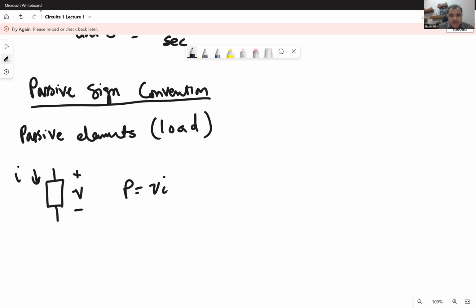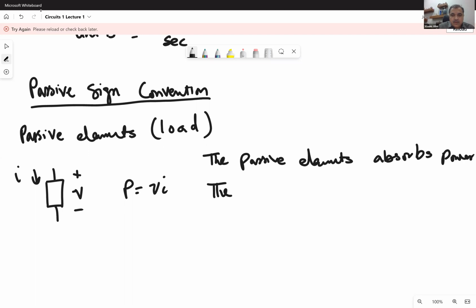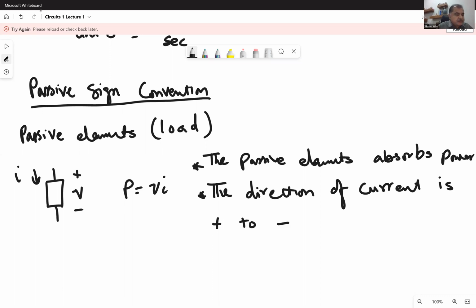So we can say that as part of this passive sign convention, the load or passive elements absorb power, and in other words, the direction of current is positive to negative. Okay, so that's very important there.